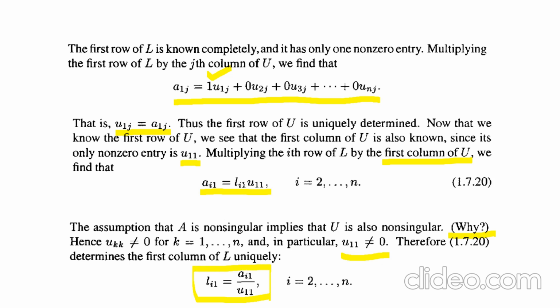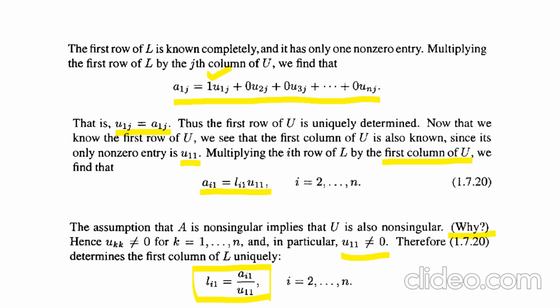Here you have to vary i, which varies from 2 to n. You will find all the values of the first column of L because you know Ai1, all the entries of the A matrix in the first column. If you vary i as 2, 3, 4, 5, you have these values Ai1.